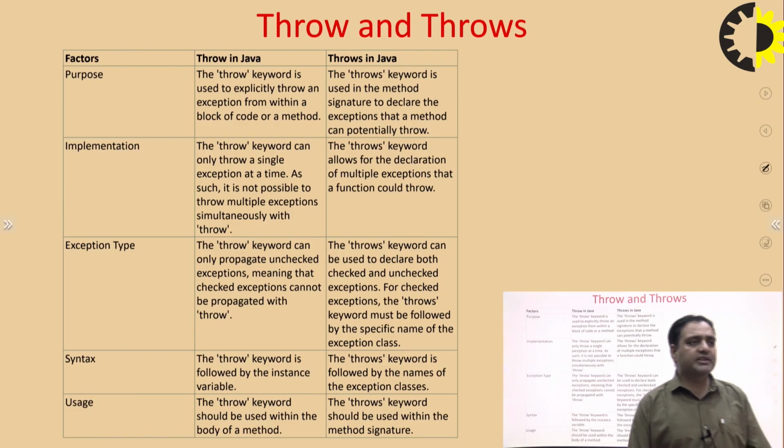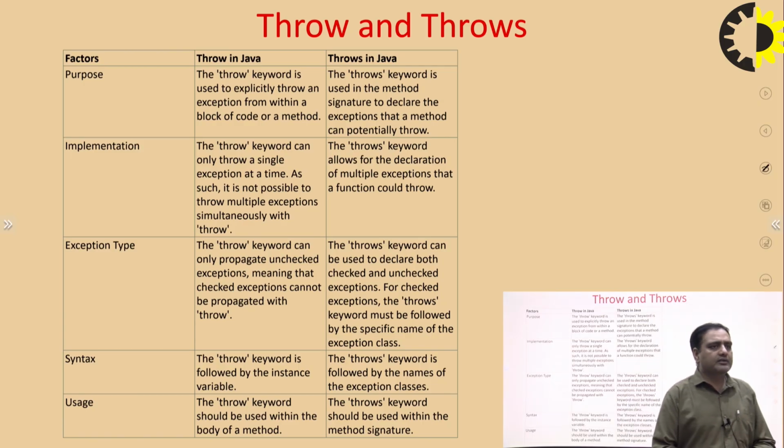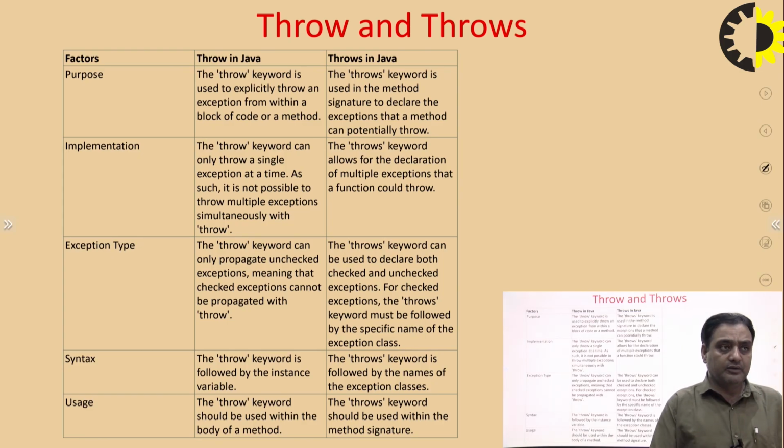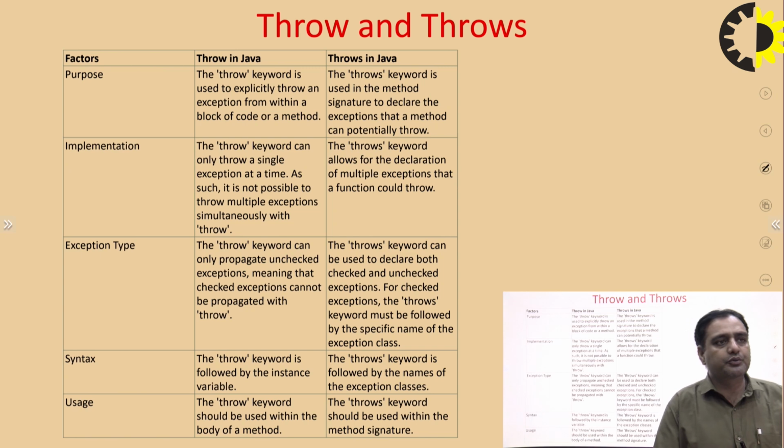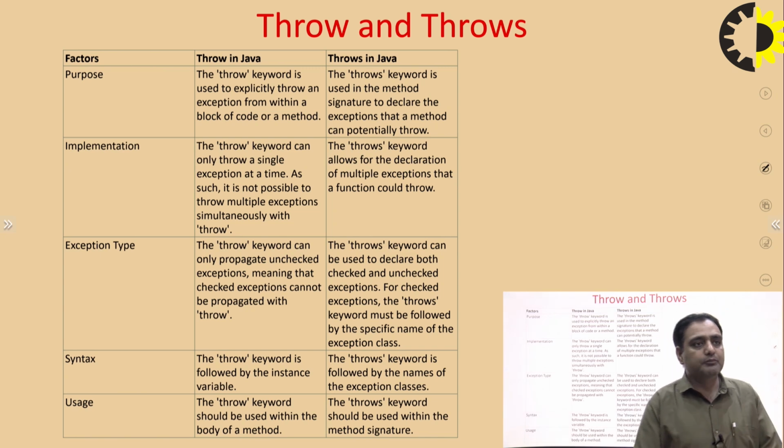Purpose: the throw keyword is used to explicitly throw an exception from within a block of code or a method written in a try block. In Java, the throws keyword is used in the method signature to declare the exceptions that the method can potentially throw.